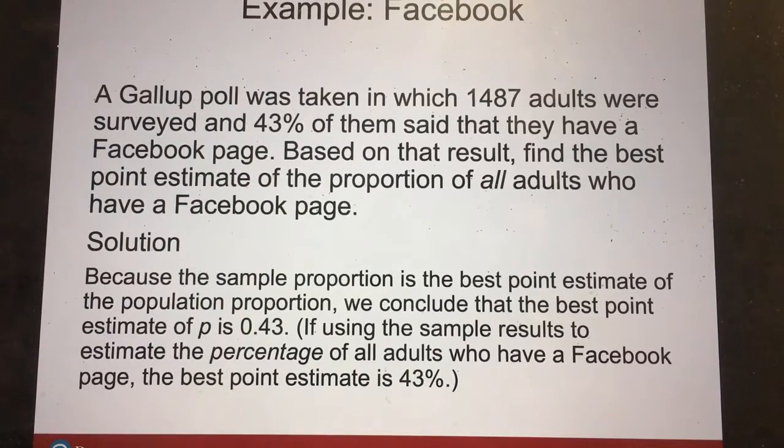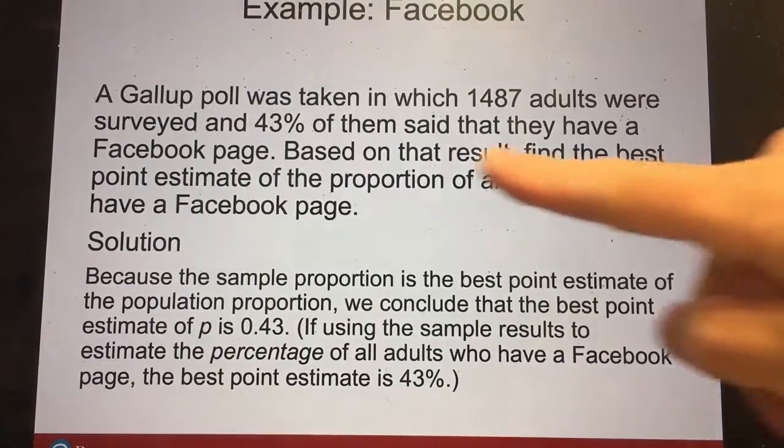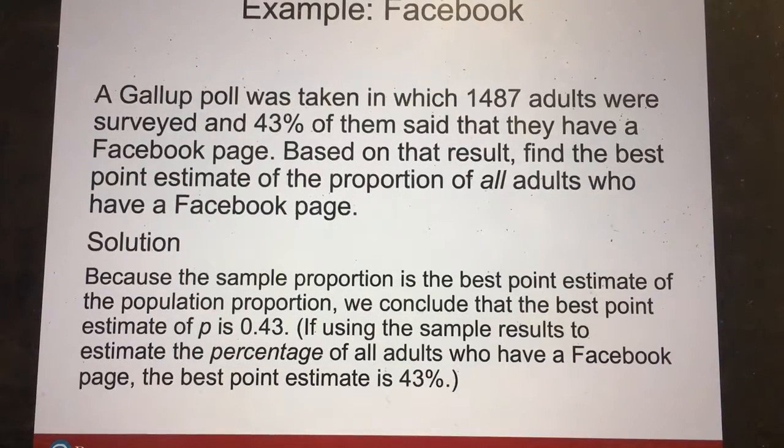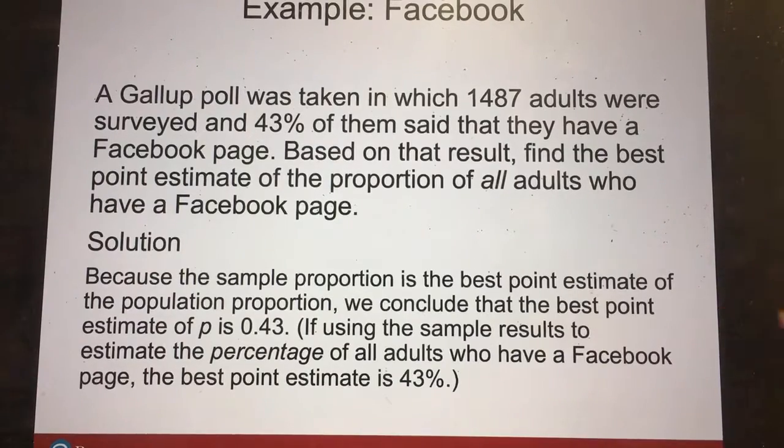Now we're trying to find out what the true proportion is of all adults who have a Facebook page. We're talking about maybe all adults that have internet access. Because the sample proportion is the best point estimate of the population proportion, we conclude that the best point estimate of P is 0.43, if using the sample results to estimate the percentage of all adults who have a Facebook page.